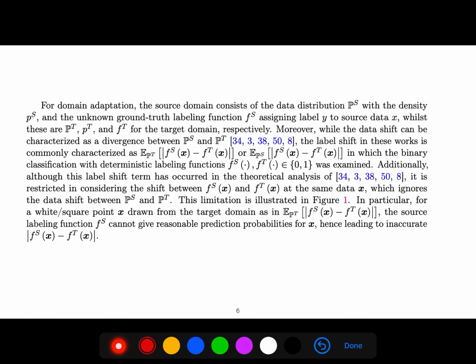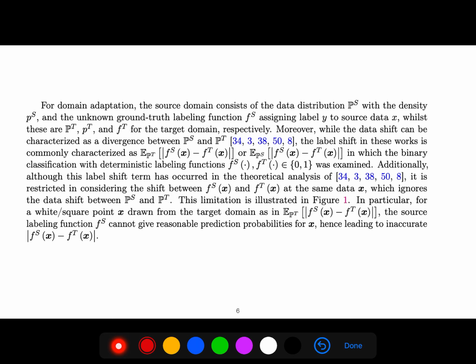For domain adaptation, the source domain consists of a data distribution with the density P sub S and an unknown ground truth labeling function assigning labels to source data, while these are P and F for the target domain respectively.